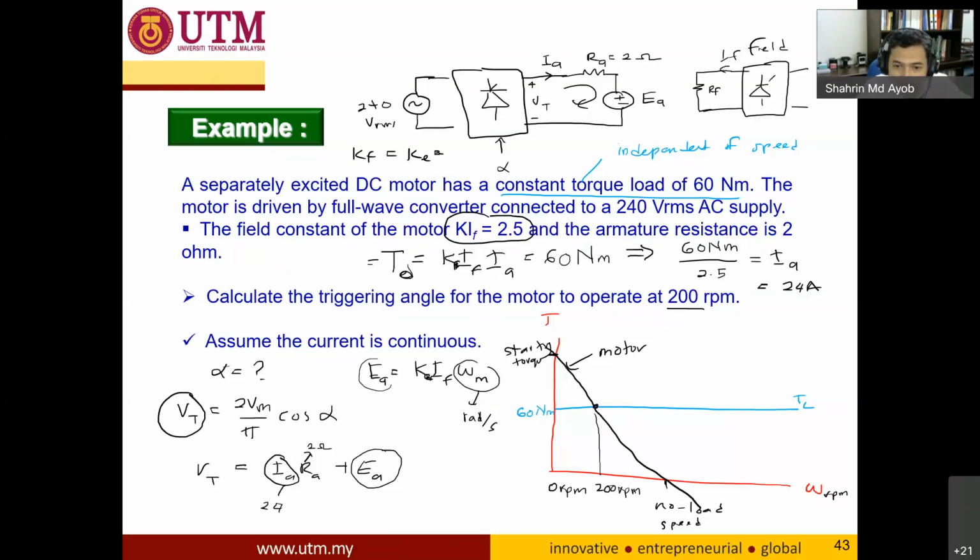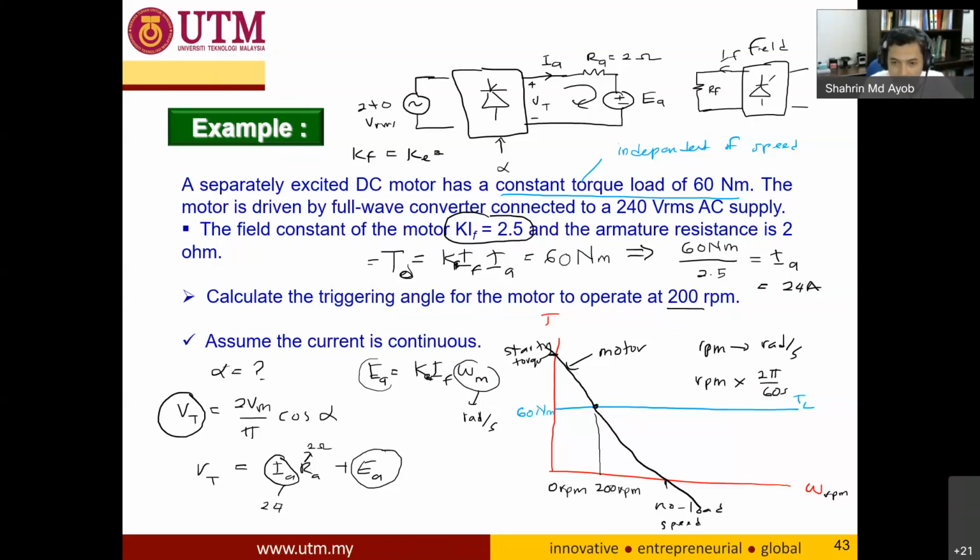Right now, you are given the value in RPM. So to convert RPM to radian per second, you multiply RPM by 2 pi over 60 seconds, because one minute has 60 seconds and one rotation is 2 pi radian.